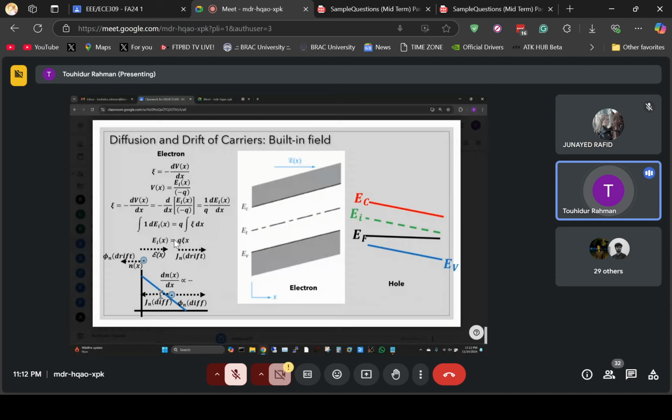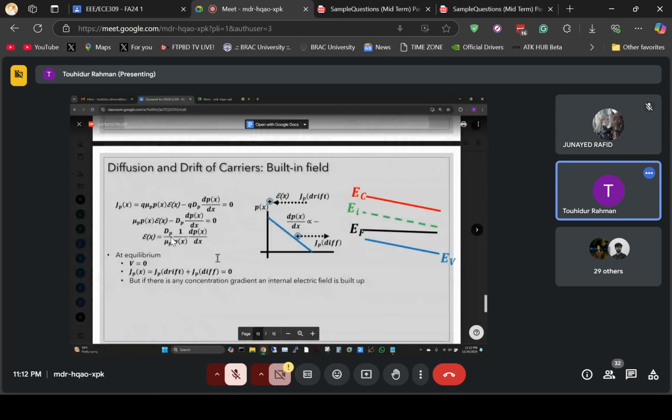Because we do not have any applied potential, the current must be zero, which means there will be an opposite current. In order for that opposite current to flow, we must have a built-in electric field or electric potential. So we understand that part.